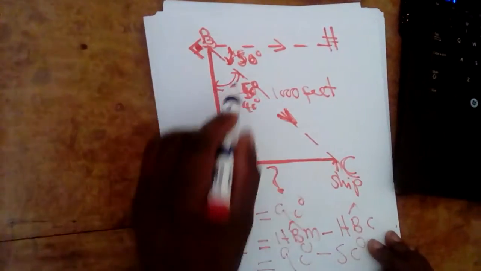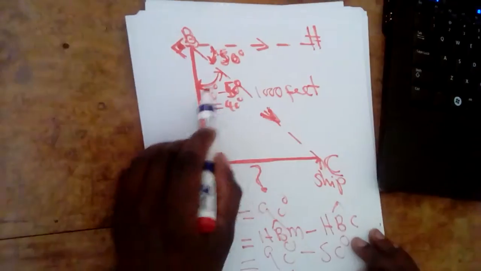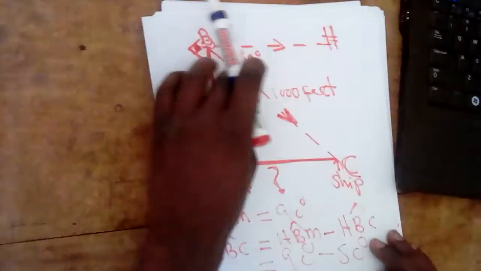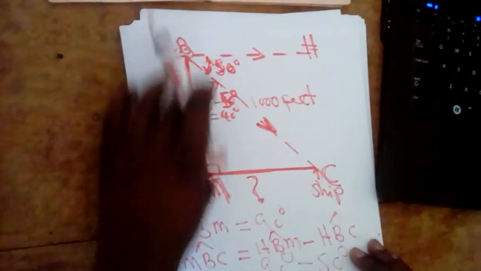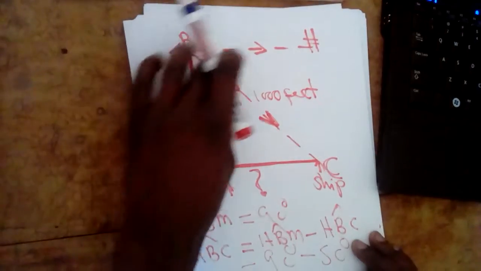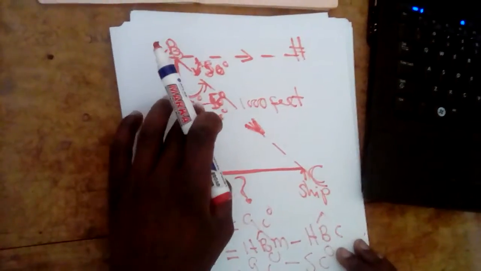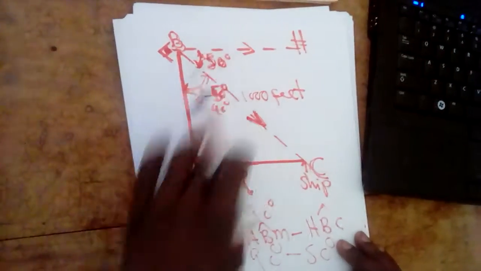Now, to find this angle here, just take 90 degrees less 50 degrees. Why? Because this angle here is 90 degrees. The angle that is made by the horizontal line of sight and this vertical line is 90 degrees. Now, because we know this angle is 50, we can find this angle by just taking 90 less 50 degrees.